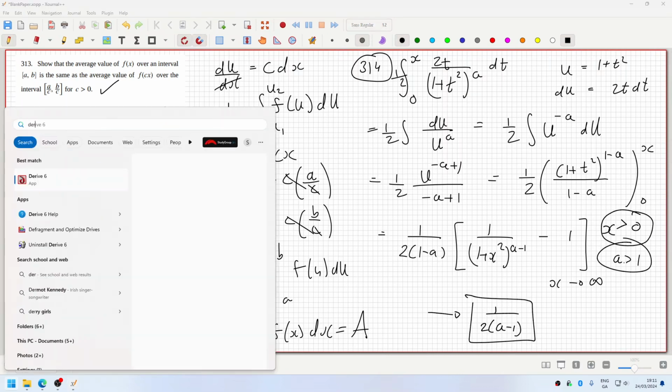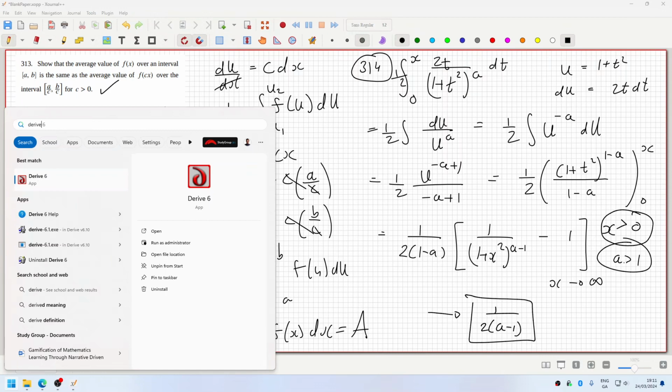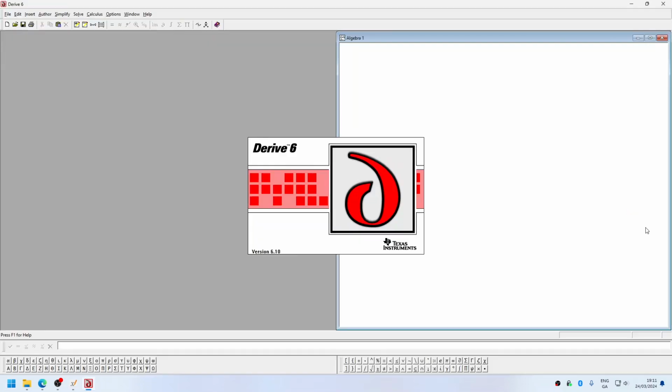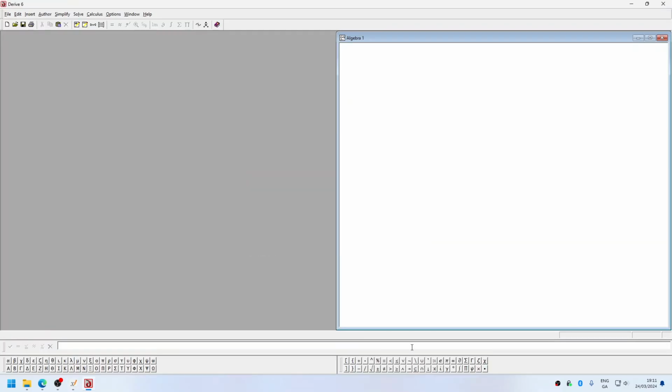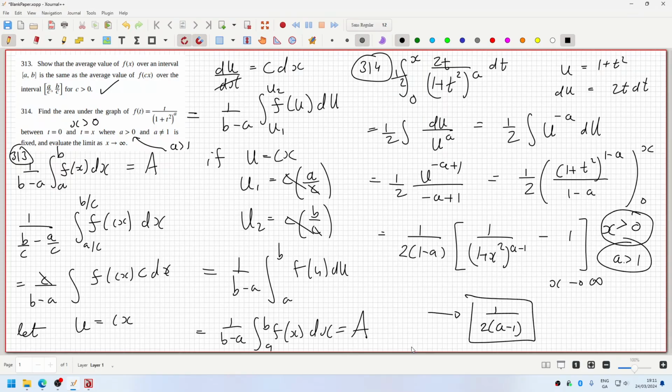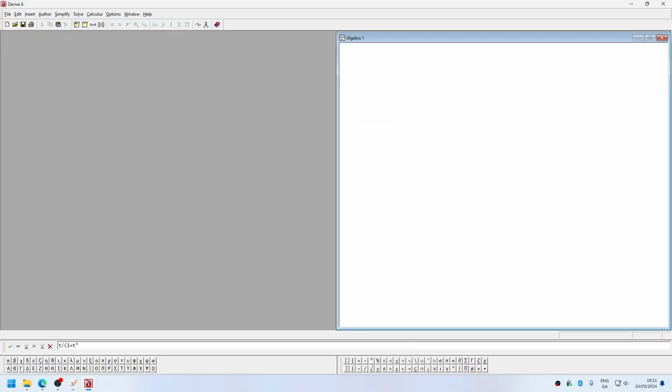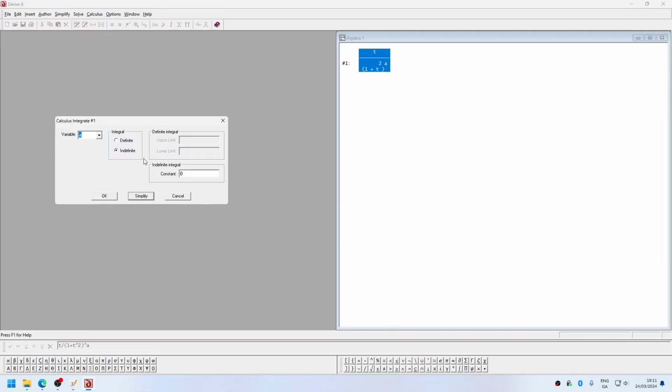Let me open up my software, you see. So it's t over (1 plus t squared) power a. And we're integrating from 0 to x.